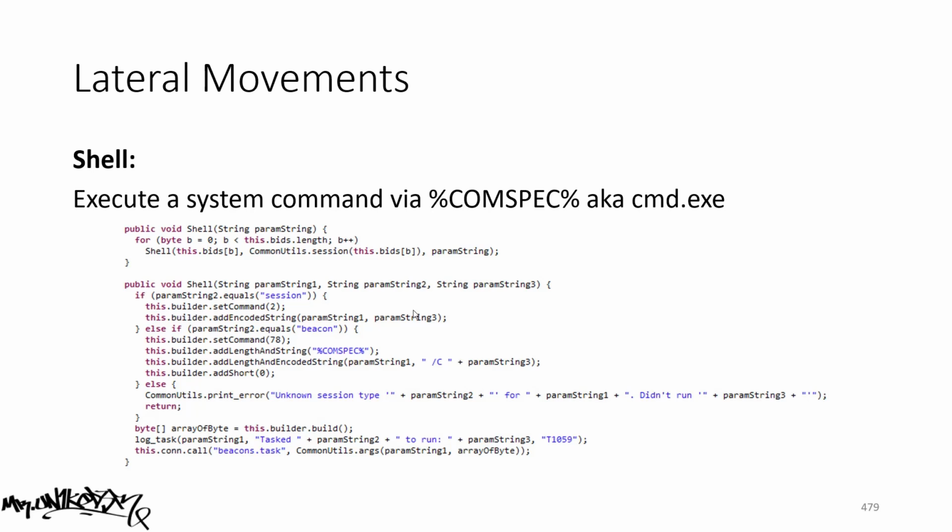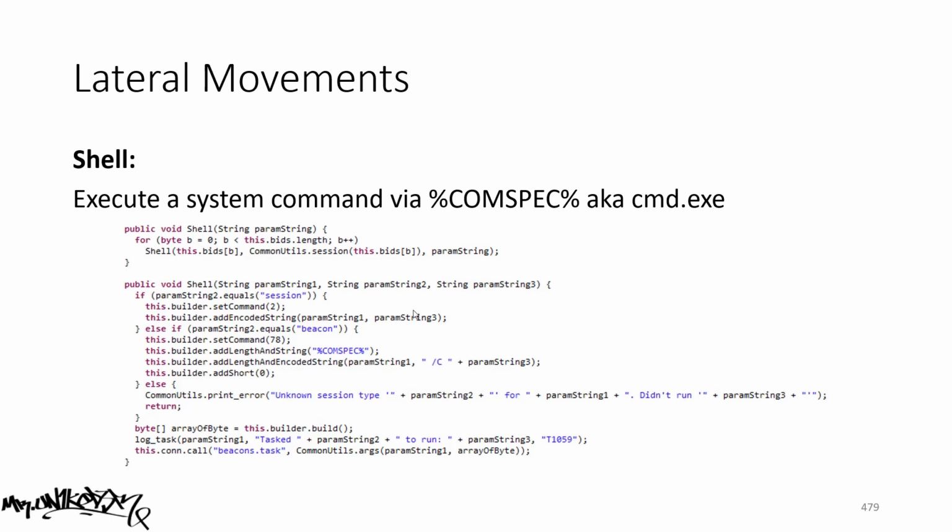If you run shell, someone mentioned ComSpec earlier. That was one of the techniques used in the past to obfuscate the fact that you are using cmd.exe. But the thing is, sometimes if a technique gets too popular, it's as bad as if it was using cmd, right? Because there's a pattern that can be observed.